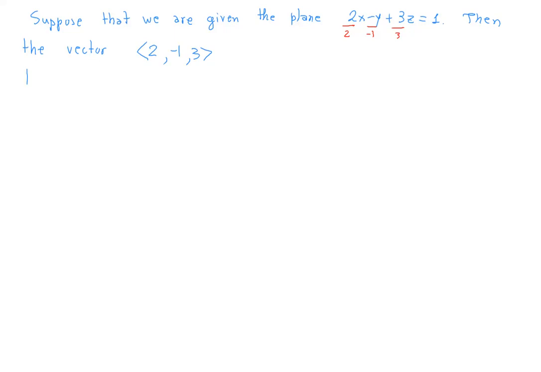So in the case of the plane z is equal to x plus y plus 5, a normal vector is given by what?